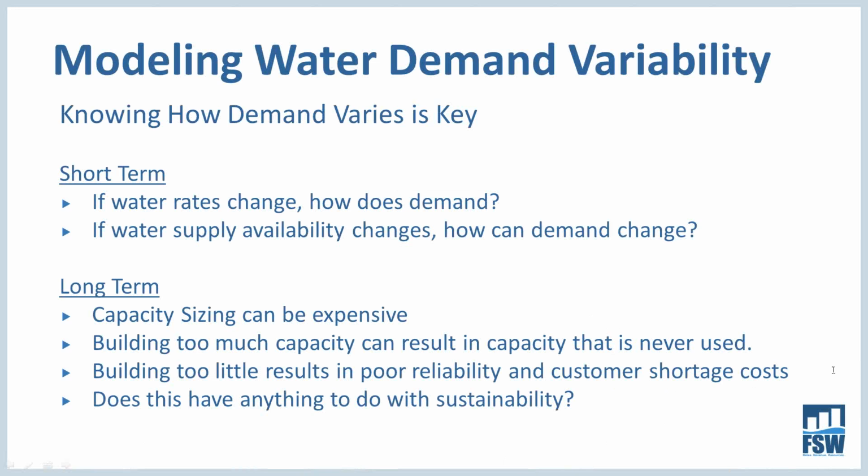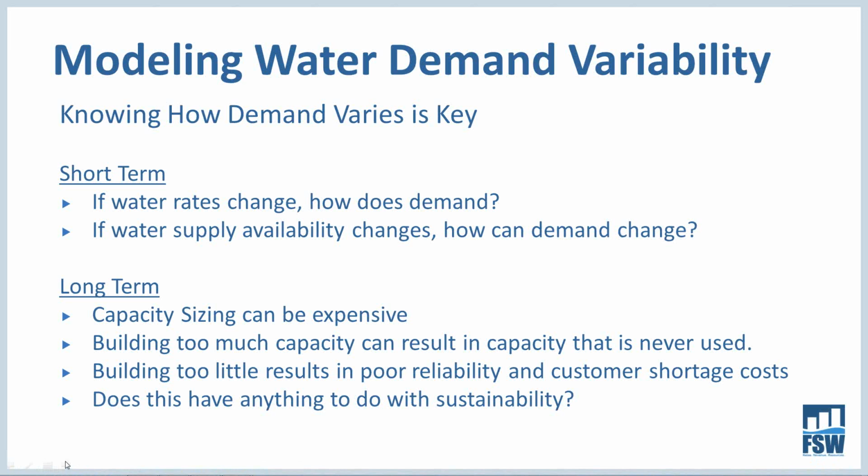The handbook addresses modeling water demand variability, and having knowledge of how your water demand varies is key if you want to understand how your revenue varies. It also can be a cost driver. In the short term, if your water rates change, how does demand change? And if your water supply availability changes, how can that change demand?